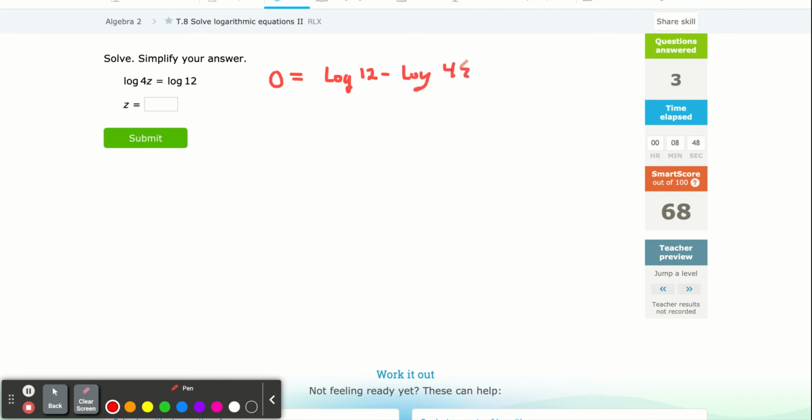Well, now I can combine it into a single logarithm. I get 0 equals the common log of 12 divided by 4z, which reduces to 0 equals the common log of 3 over z.